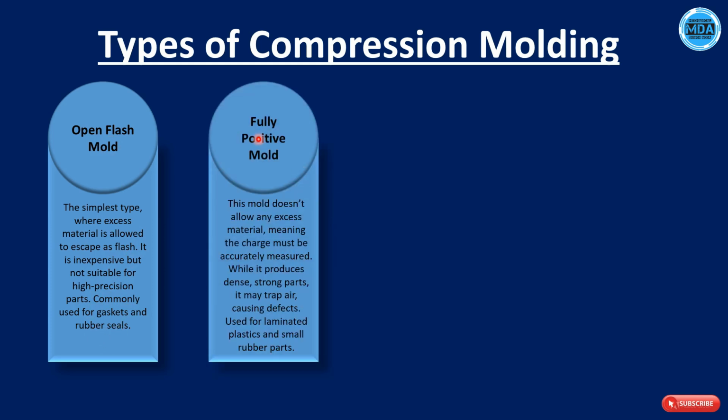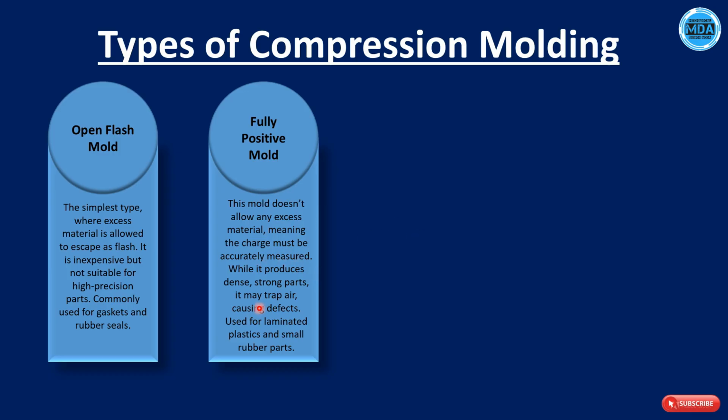Then there are fully positive molds, where we are not allowing any excess material to escape from the mold. Out of the mold, no material is going. So here we need accurate measurement of the charge, the material we place in the mold cavity.